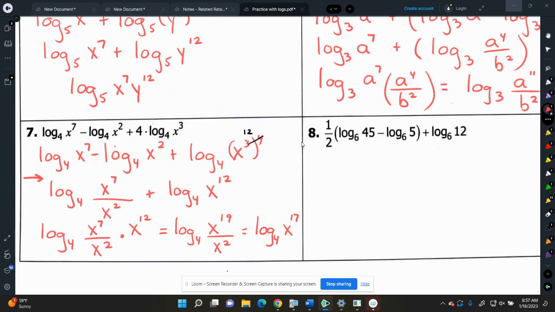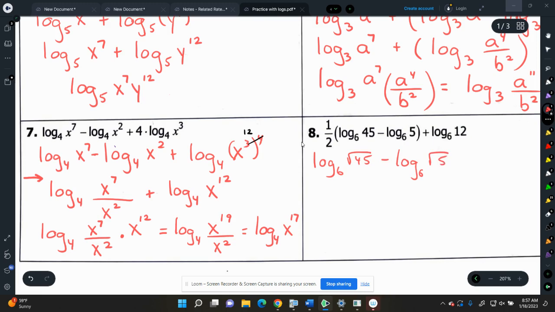Okay. I'm going to do this last one, and I'm going to put the answers up for the rest of them. Okay. So this 1/2 is distributed. Log base 6 of the square root of 45 minus log base 6 of the square root of 5 plus log base 6 of 12.